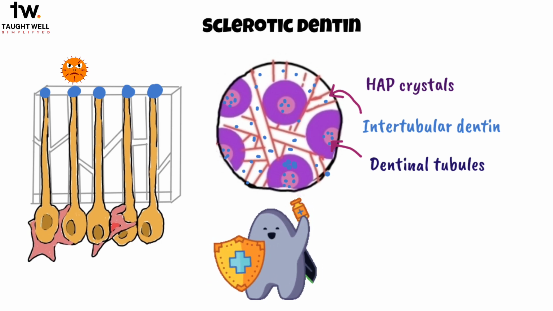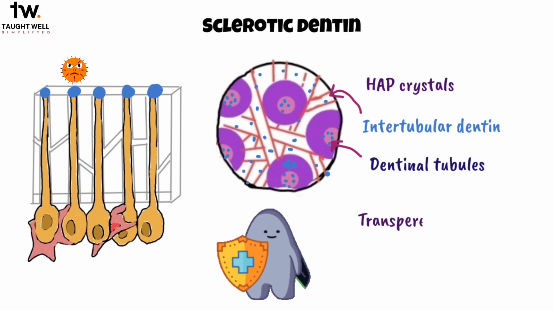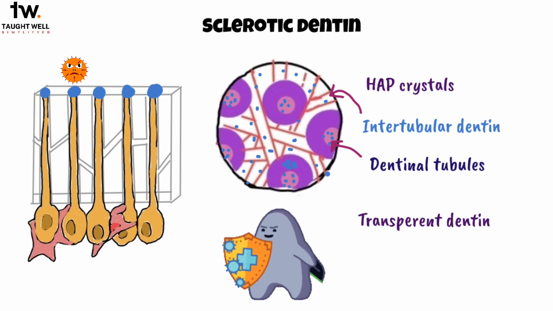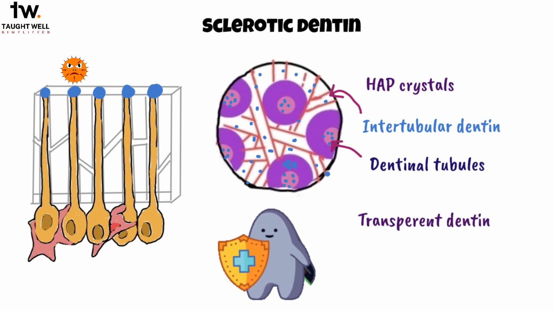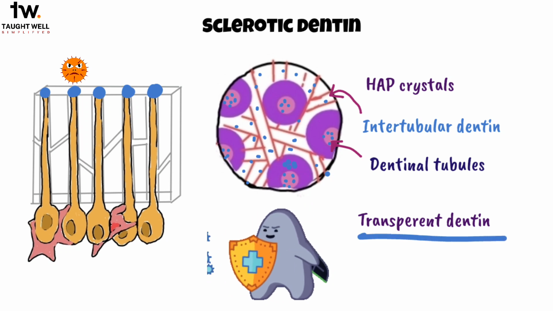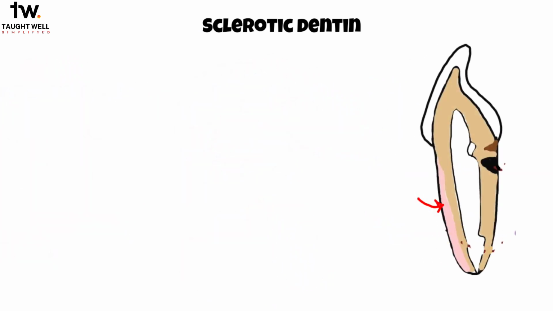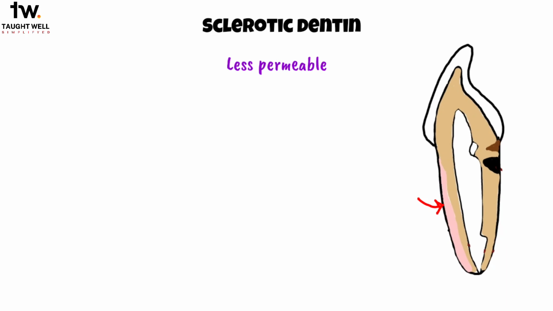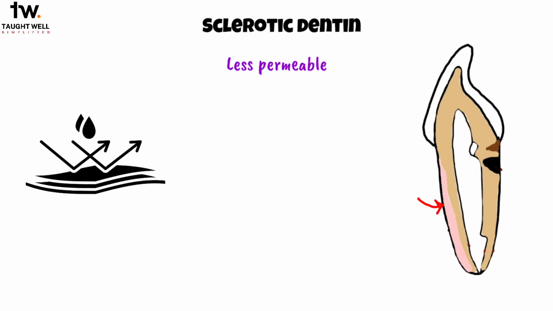As these crystals accumulate, the dentin becomes transparent when viewed with transmitted light. This is why sclerotic dentin is often called transparent dentin. The areas of sclerotic dentin become less permeable, meaning fluids and other substances can't easily pass through.